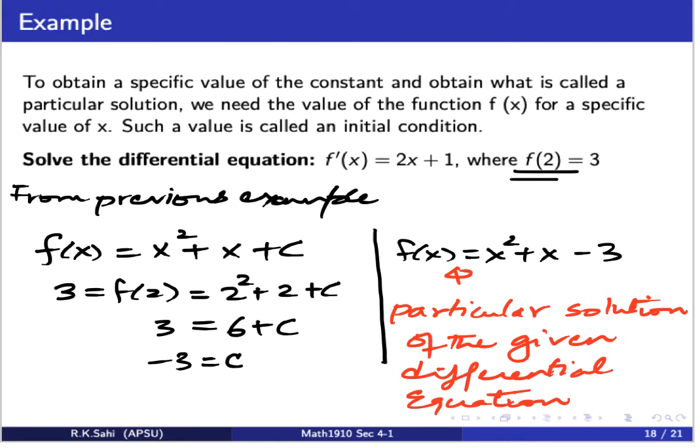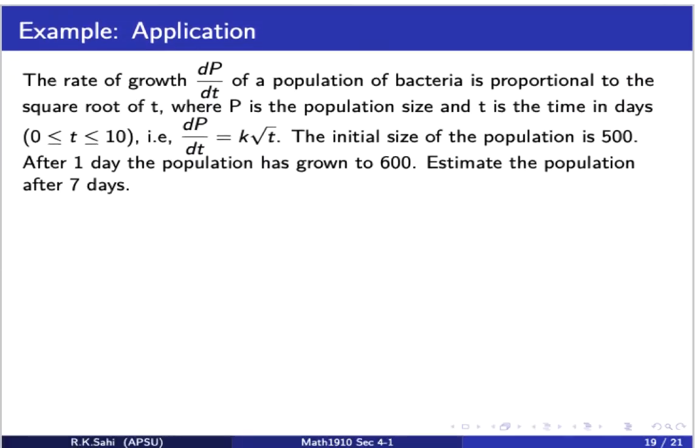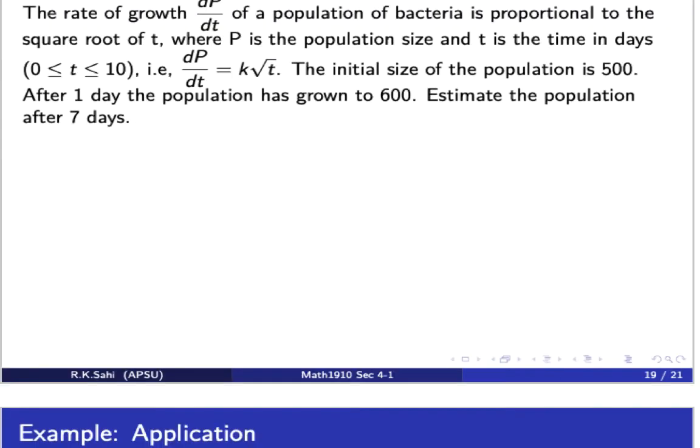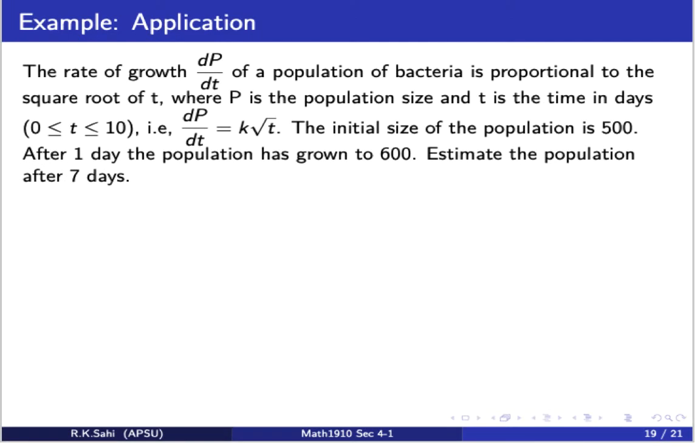Okay, continuing further, let's look at an application of these differential equations. They are very much seen, guys, in the biological field or in the field of population, sociology kind of things, where you're looking at how the population is growing and stuff like that. So this is a biological problem we're looking at.